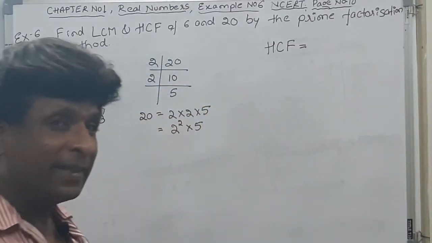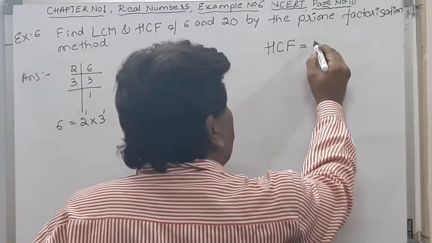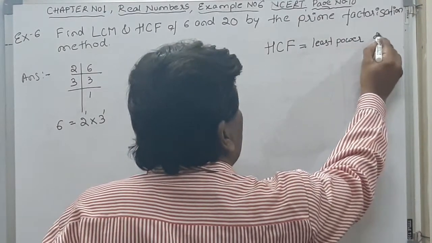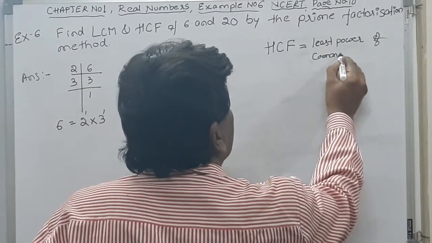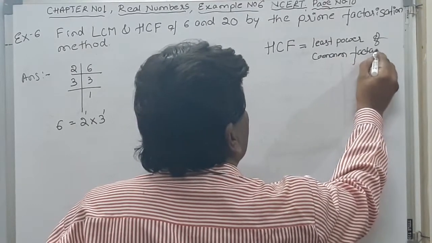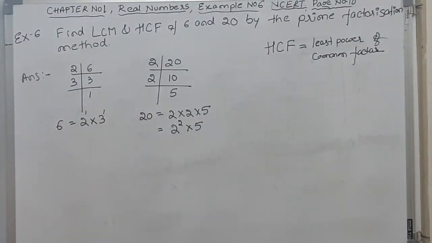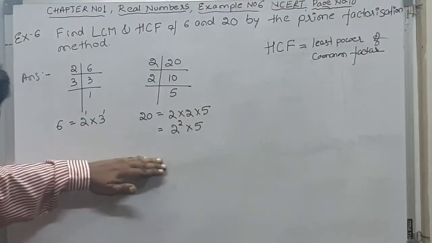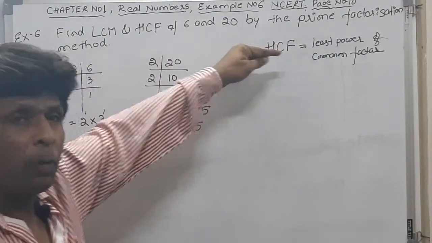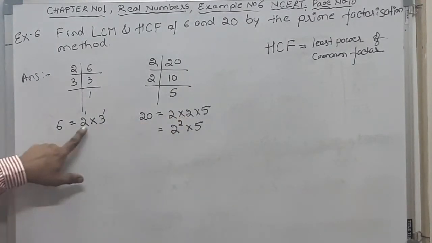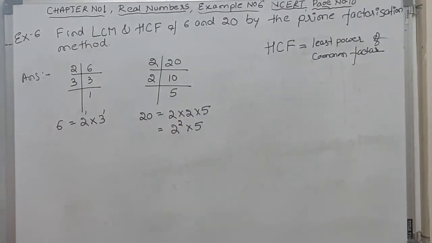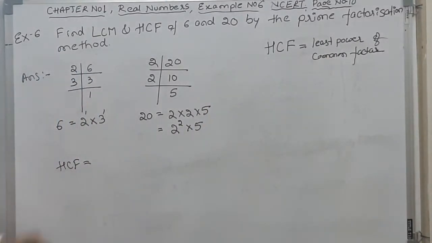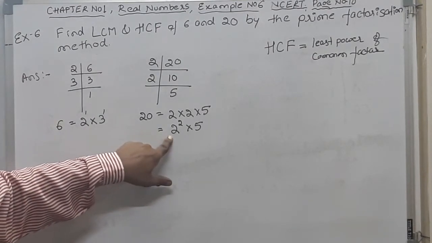HCF is the least power of the common prime factors in the numbers. Here 2 is in both, so 2 is a common factor.